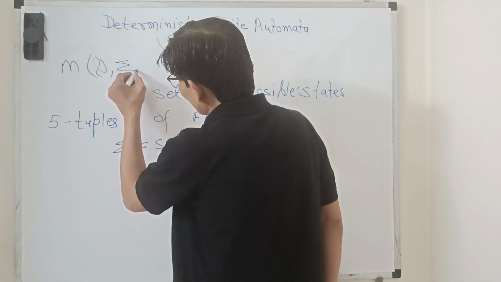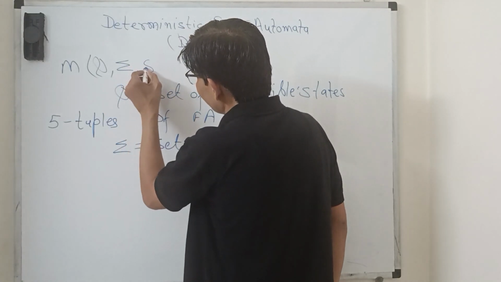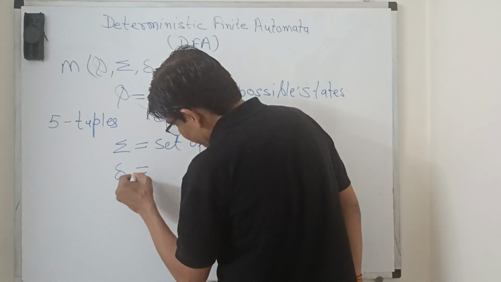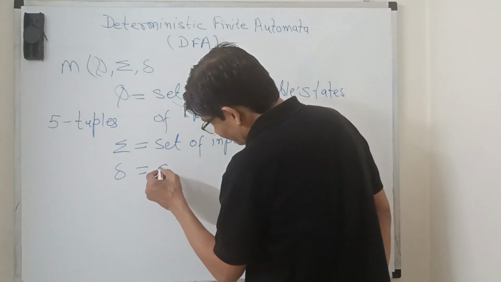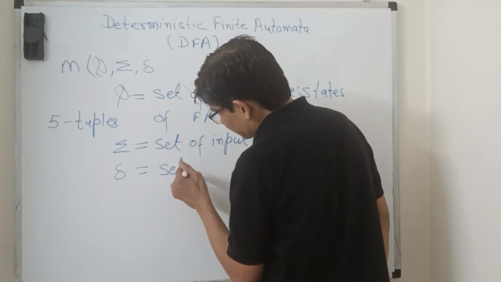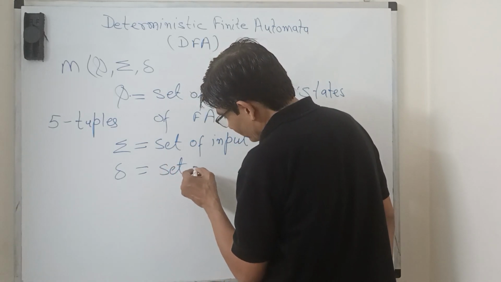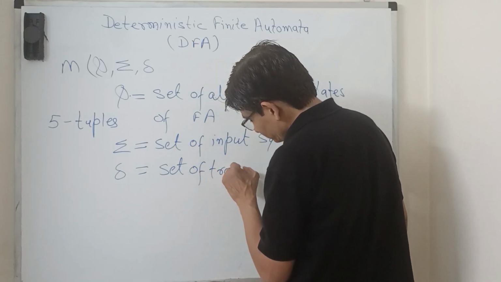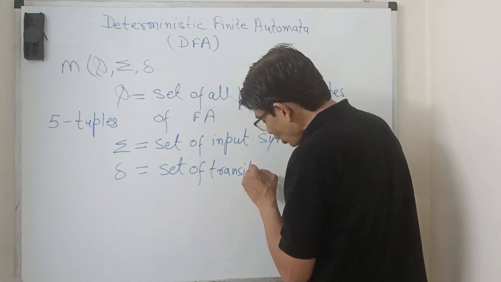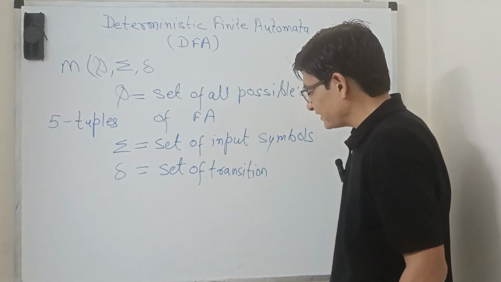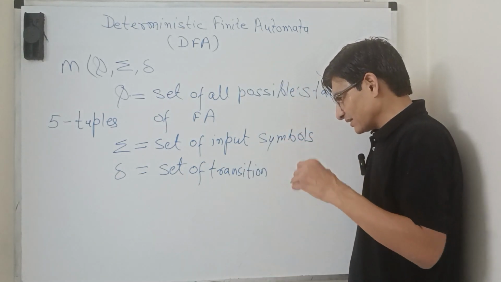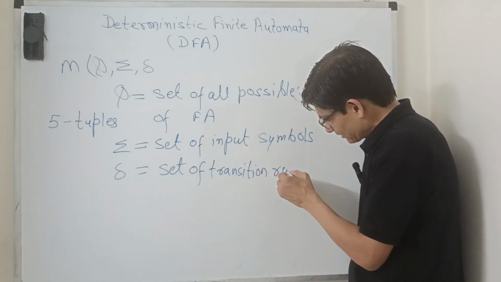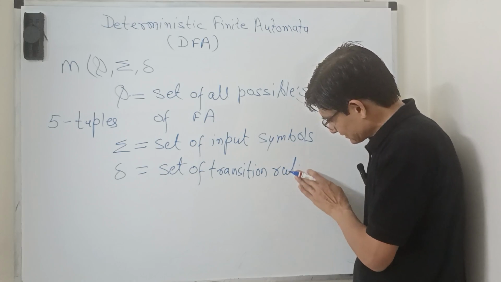Then the third component is delta. Delta is a very important function, that is, a set of transition rules. How the machine changes from one state to another state, the rules for it are defined within this set.